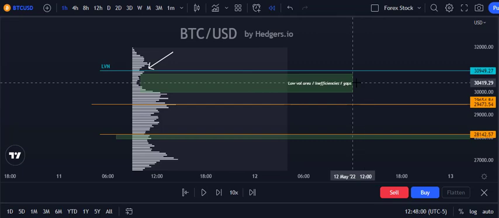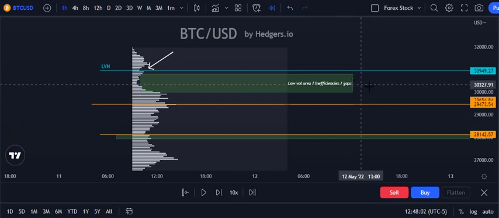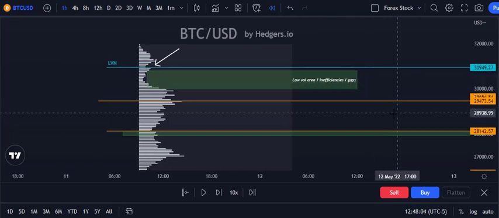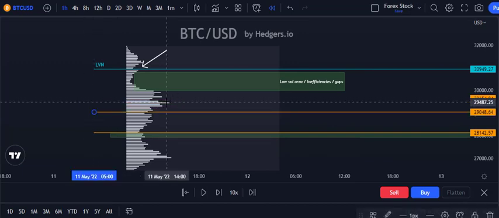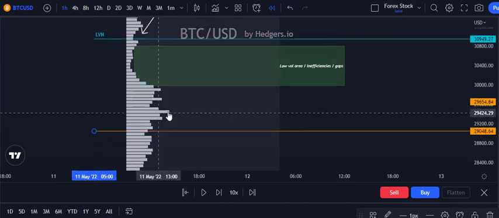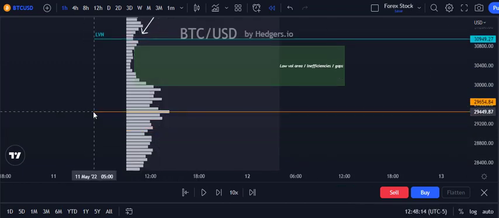We will talk about the gaps later to be more specific. Right now I want to discuss the high volume nodes, low volume nodes, and the ledges. You see this particular bar here, that is our high volume node.